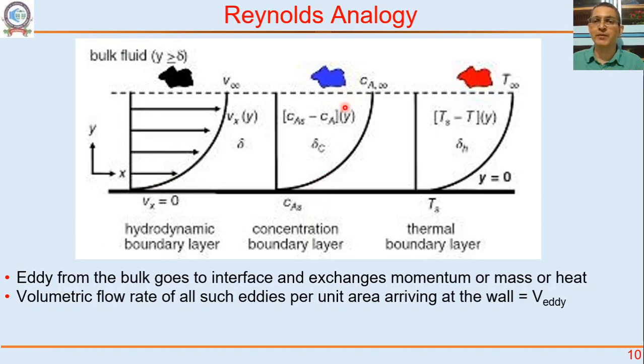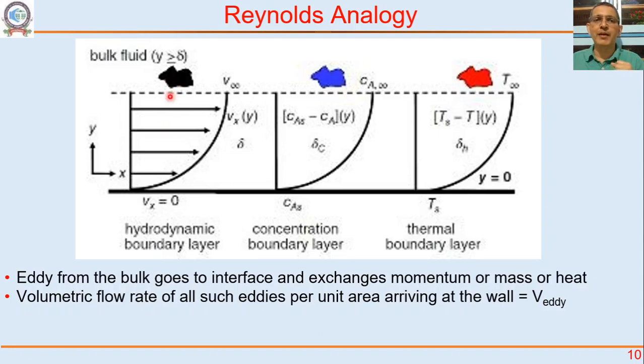So mass transfer. Eddy from the bulk goes here, enthalpy is higher here, enthalpy is lower here, transfers enthalpy. So if you think about all such eddies, the motion of eddies, the volumetric flow rate brought by all these eddies per unit surface area, can we not think of this as a velocity of the eddy? Think about this.